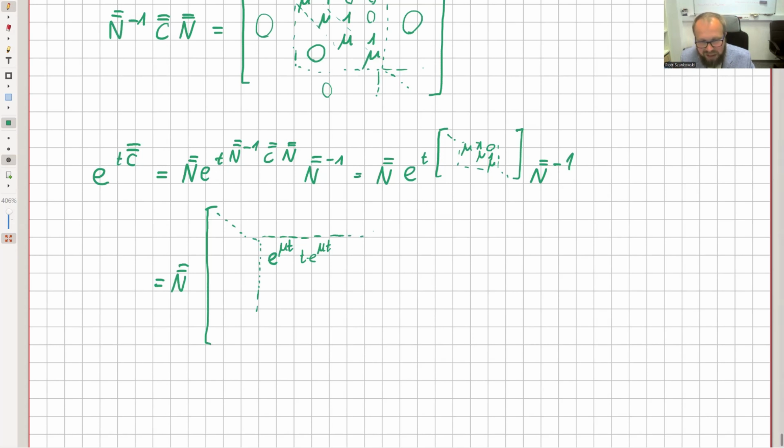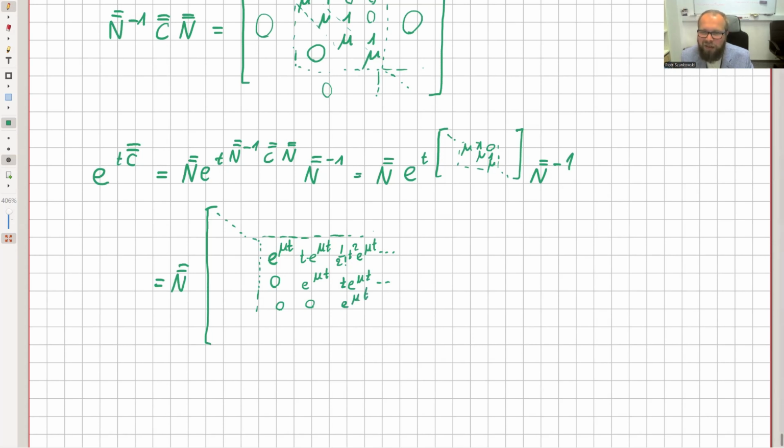And then you will get 1 over 2 factorial, t squared, e^(μt), and so on, 0, e^(μt). Hopefully you can see the pattern, what's going on here. 0, 0, e^(μt).